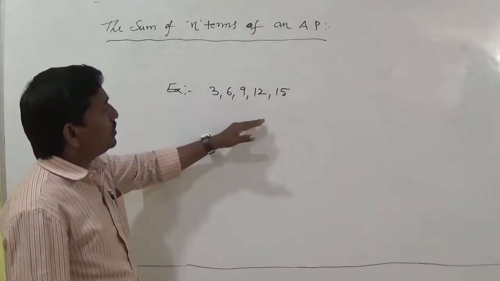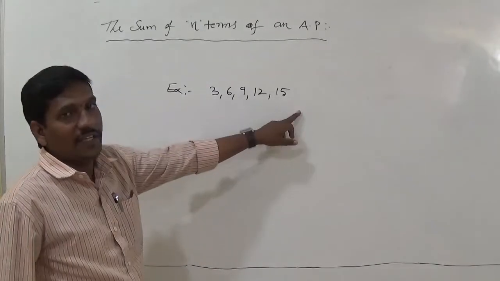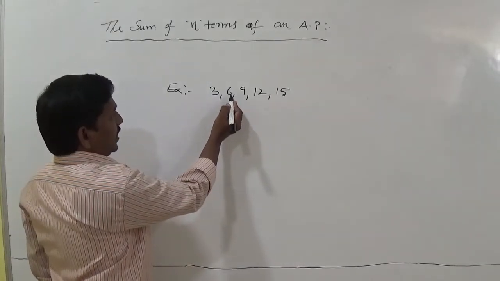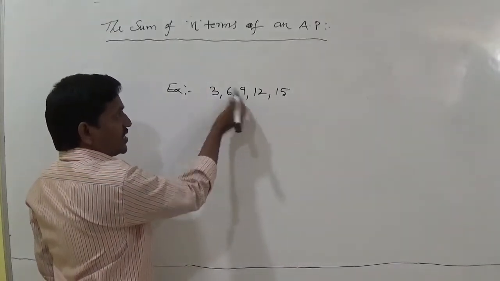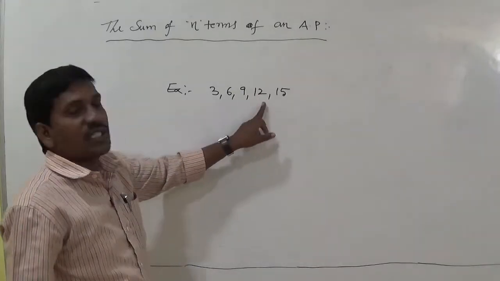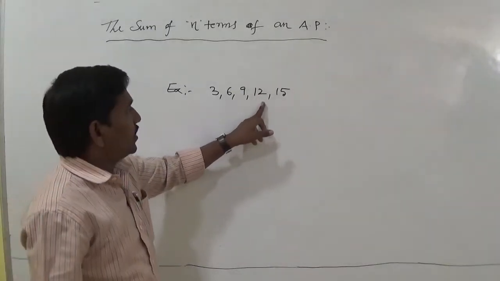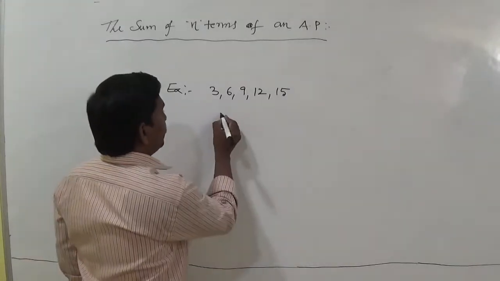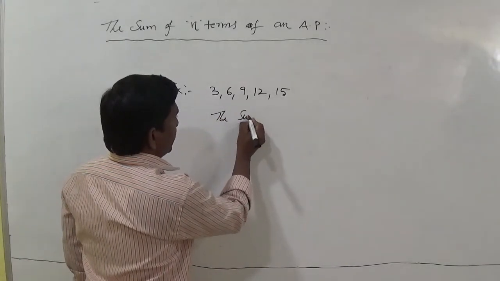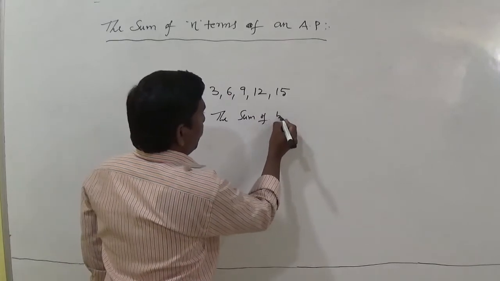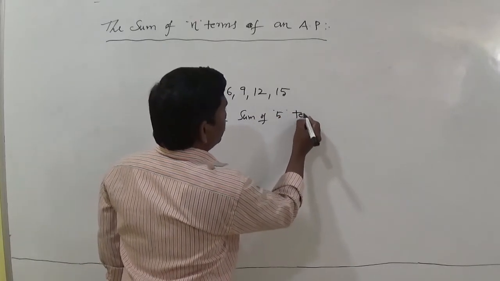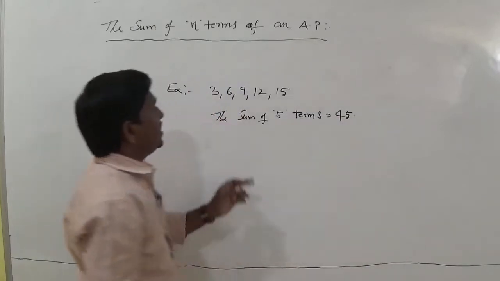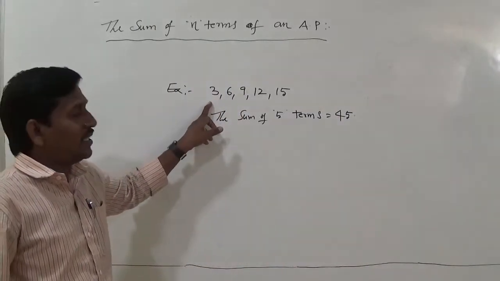If you want to calculate the sum of the 5 terms, you can easily calculate: 3 plus 6 is 9, 9 plus 9 is 18, 18 plus 12 is 30, 30 plus 15 is 45. The sum of 5 terms is equal to 45. Here we can easily calculate the sum of the 5 terms.